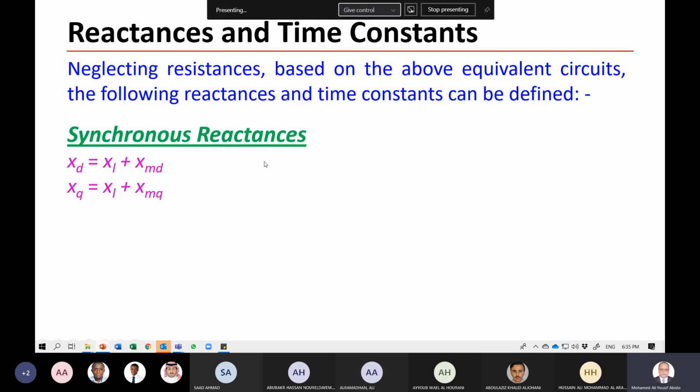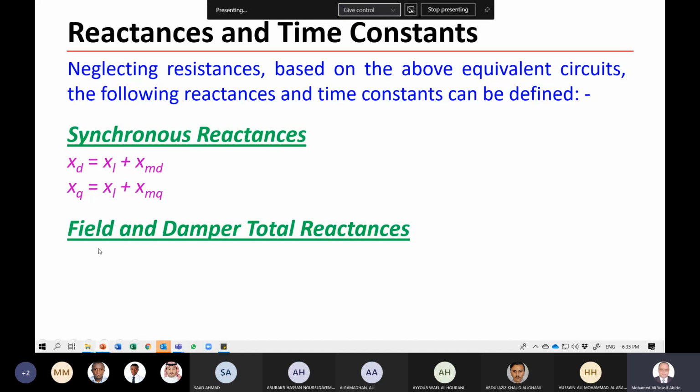So the synchronous reactances Xd and Xq, this is the steady state. Xd and Xq equal the leakage plus the mutual. Field and damper reactances, Xf equals the leakage plus mutual.